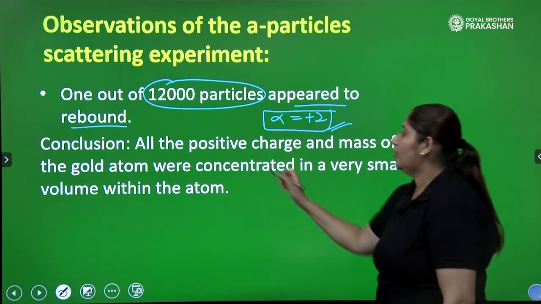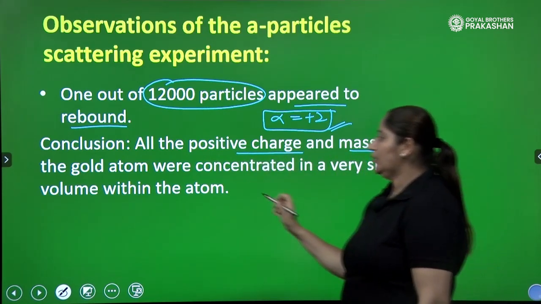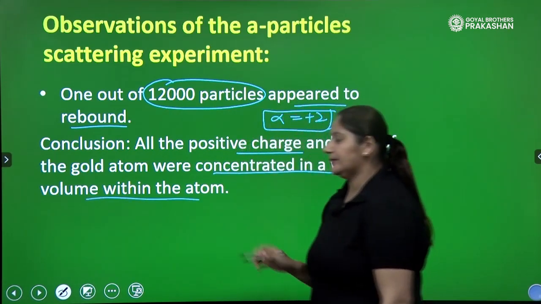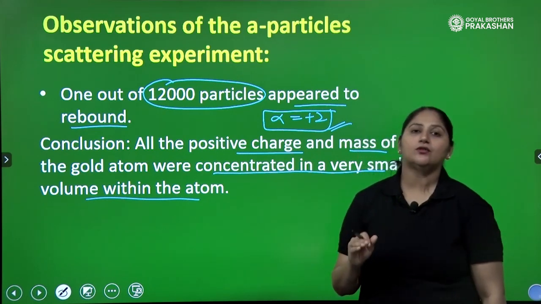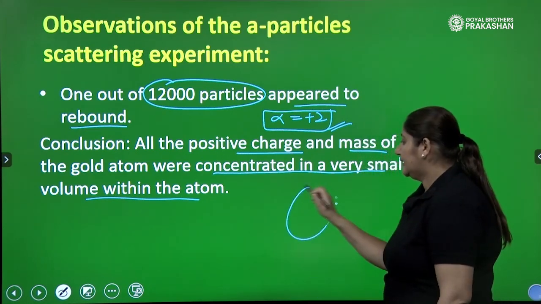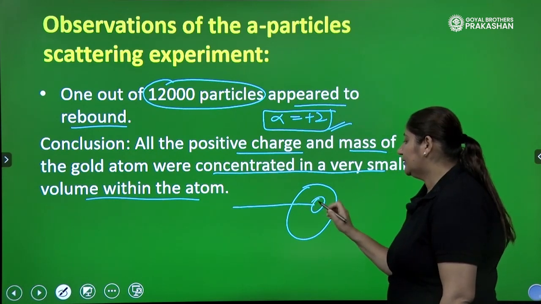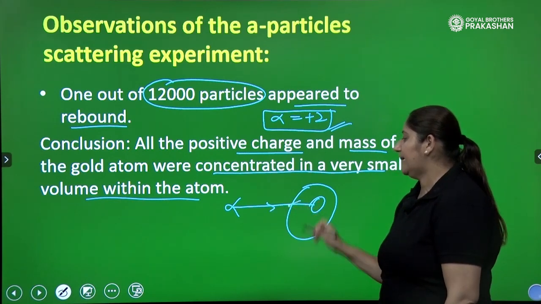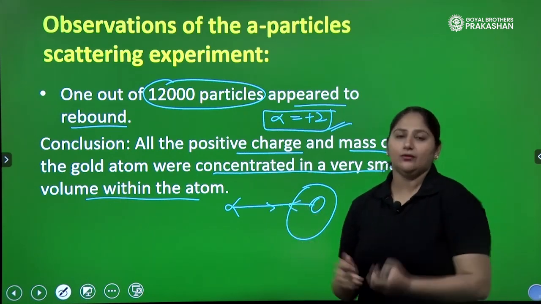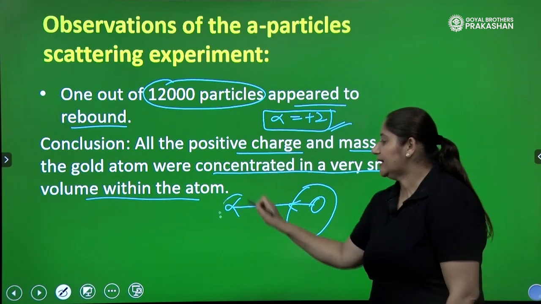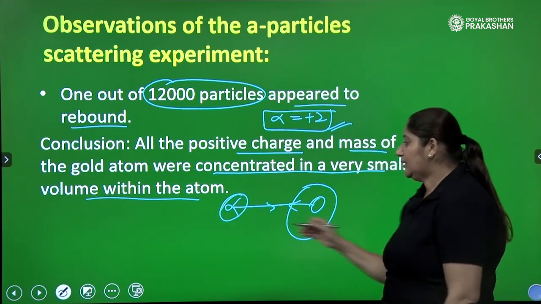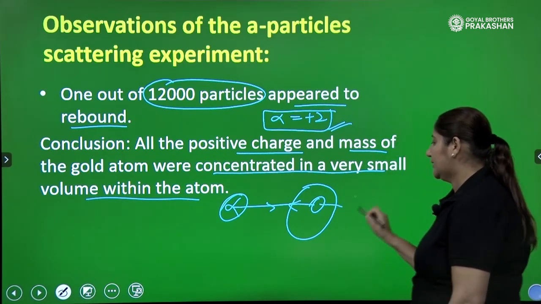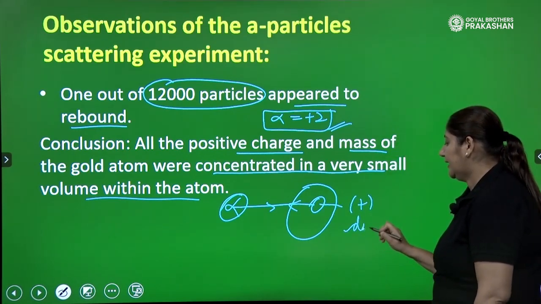So the conclusion was that all the positive charge and the mass of the gold atom were concentrated in a very small volume within the atom, because the deflection was only occurring when the ray was passing through the center. When the alpha rays were passing through the center, they returned back on their path. Why did they rebound? Because the alpha particle, being so heavy, was able to rebound. It means there is something here which is positive, hard and dense.